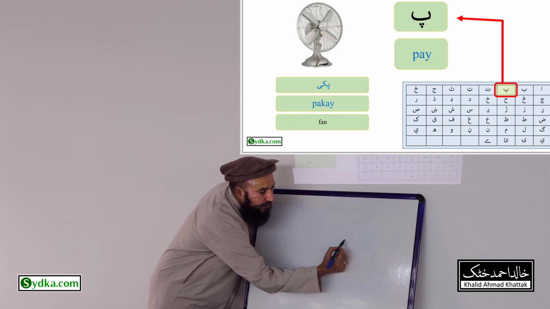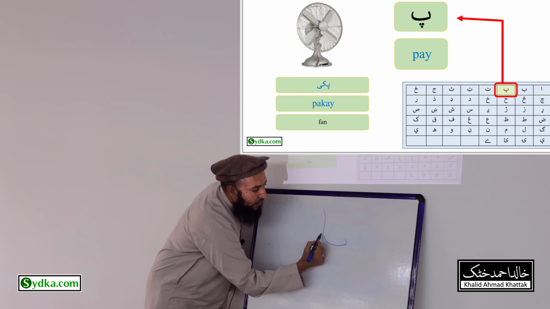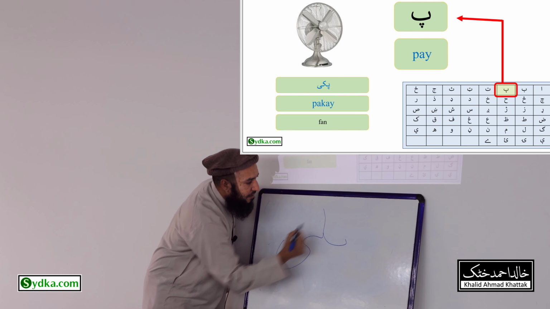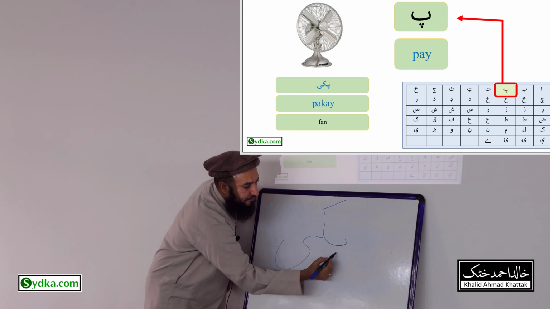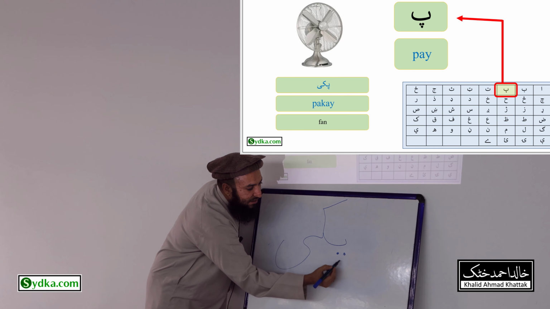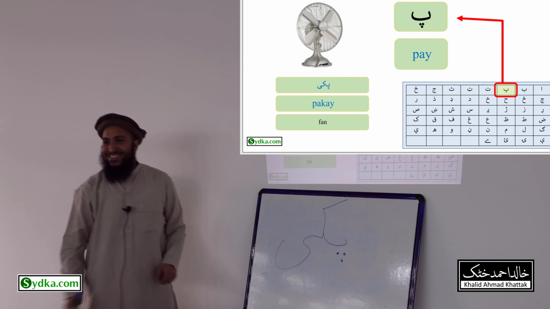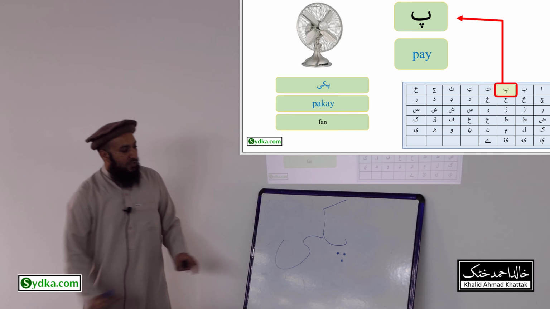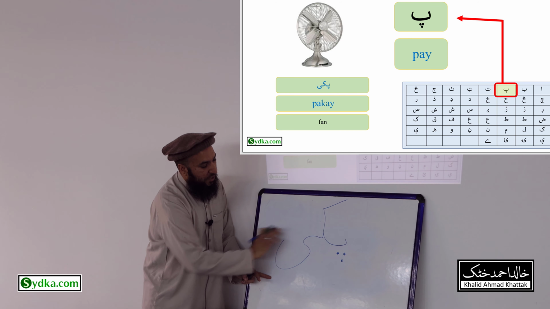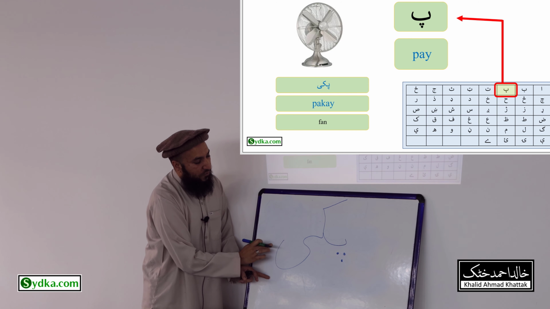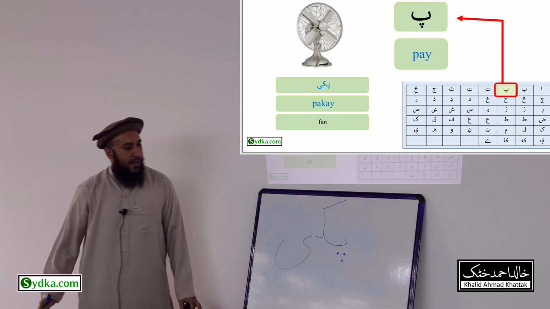So how you write it is pe, kaf. Today I'm writing very big, so everyone can see it. Okay, so this is a normal ye. There's nothing, no dots, no flick, and it's simple, pake.